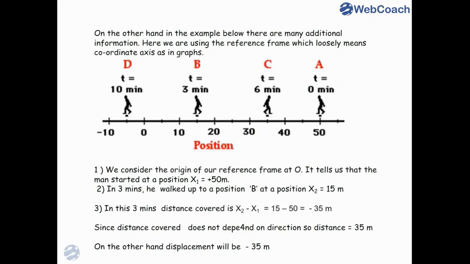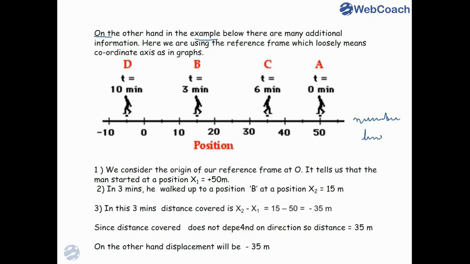Now, here we are discussing an example where we are being more specific. This diagram shows a person. If you look at the diagram carefully, you will see that there is a number line, which you must have done in mathematics.